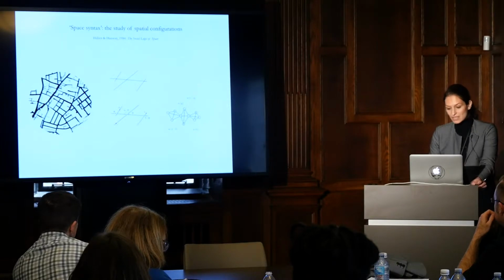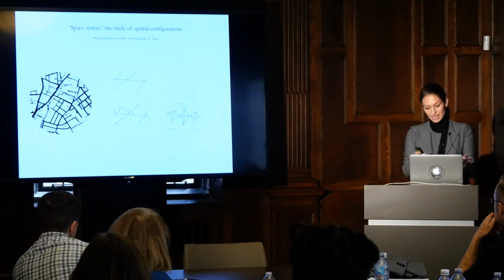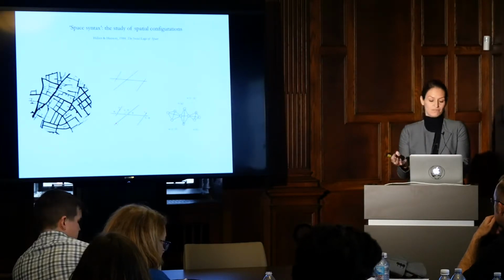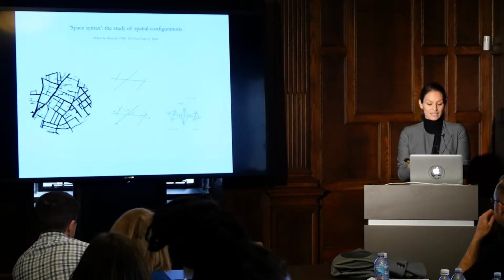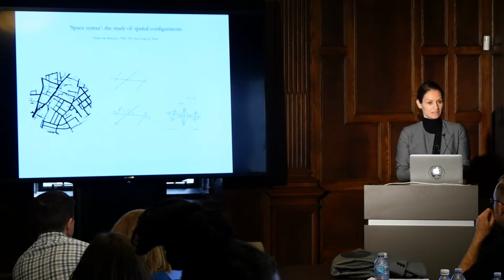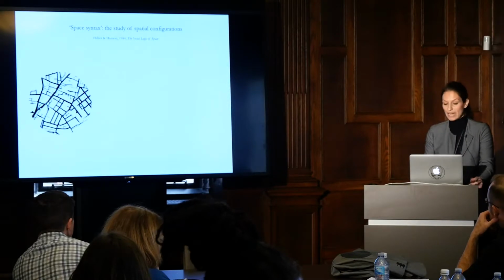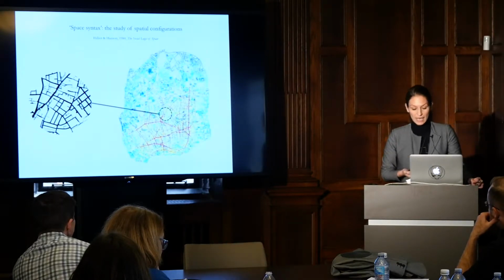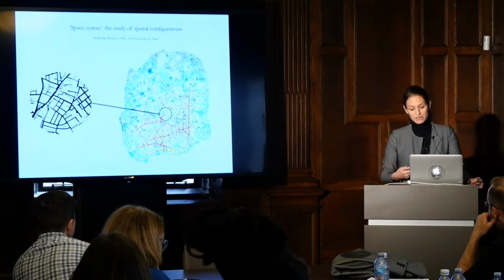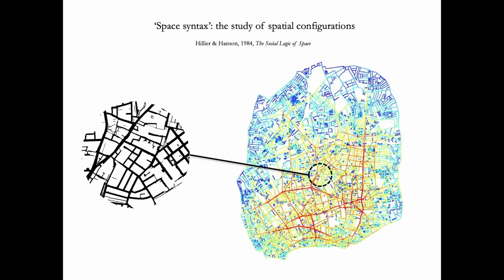And it has been found that after doing this kind of translation and analyzing the cities as mathematical graphs in a way, in terms of relationships of connectivity, there have been a series of studies that suggest that pedestrian flows correlate with this kind of results.